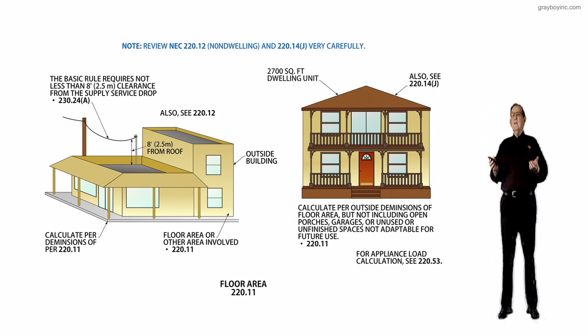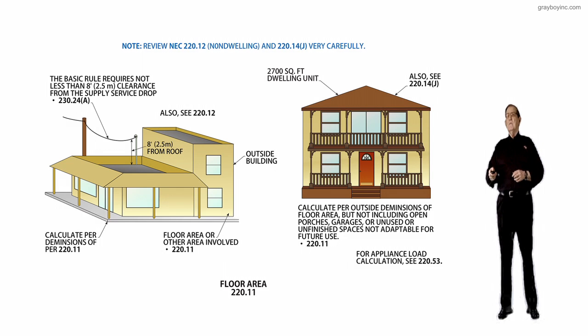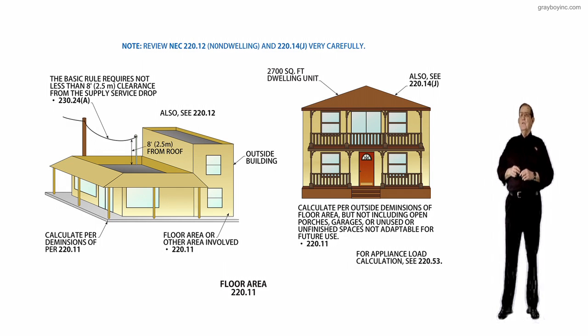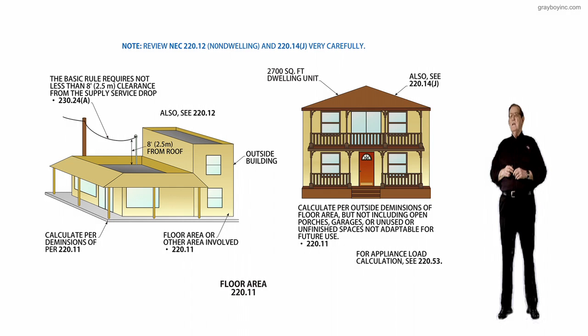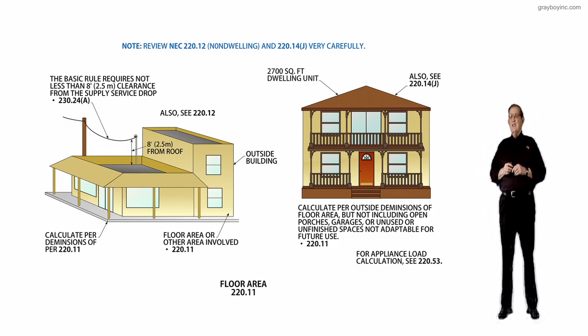Then you would pick up the small appliance circuits, and then you would pick up the direct circuits. Now notice appliance loads is listed at the very bottom there, and we refer you to 220.53 for appliance loads. We would also, for non-coincidental loads, go to 220.60.